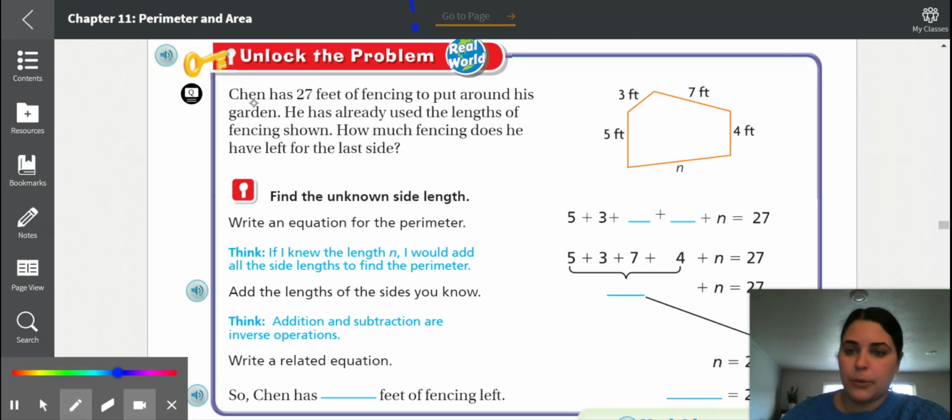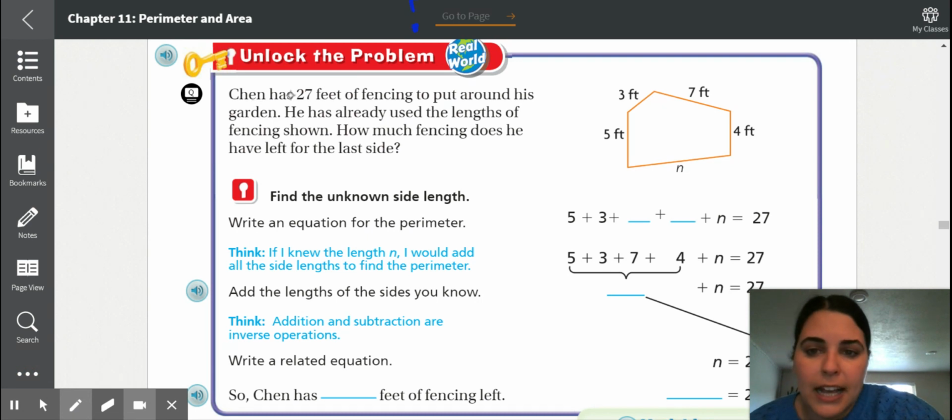So let's get started with unlocking the problem. I'm reading right here where it says Chen. Chen has 27 feet of fencing to put around his garden. He has already used the lengths of the fencing shown. How much fencing does he have left for the last side? So we need to find the unknown side length. Let's look at this shape here.